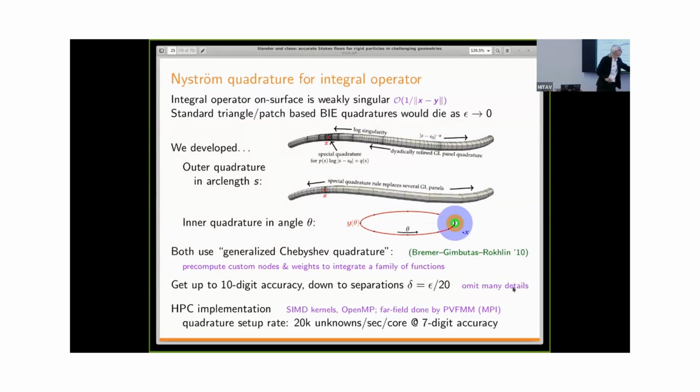And then the far field is all put into his FMM called PVFMM, which is MPI. And so the setup rate is fast: you can handle 20,000 quadrature point calculations per second per core.